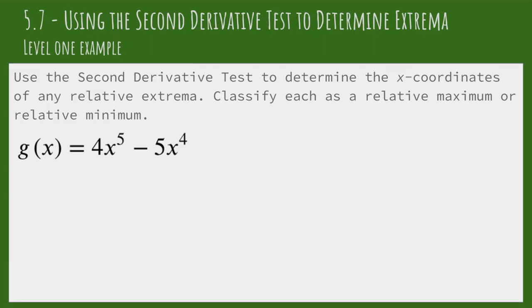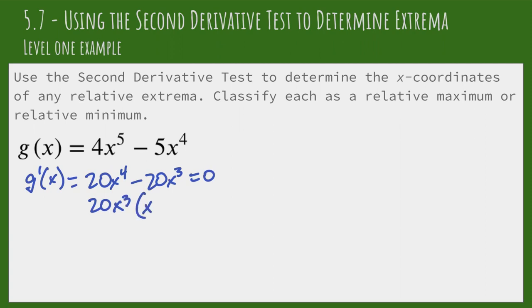Second problem here, another polynomial. This one's pretty straightforward. So we are going to start with the first derivative. We're going to set that first derivative equal to 0. We can factor out a 20x cubed, and then we get x minus 1 left over.